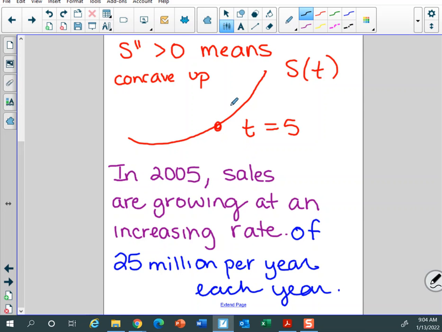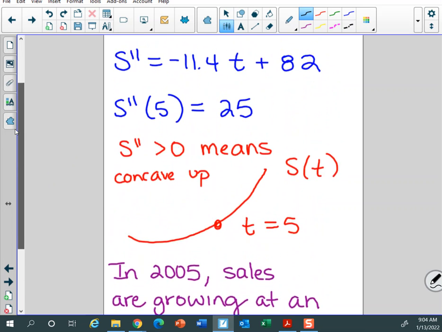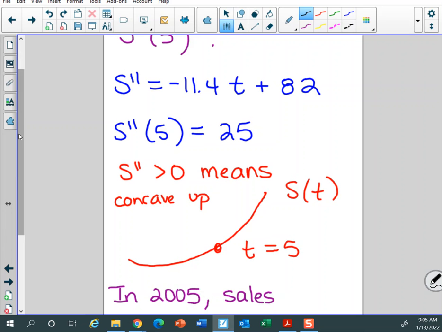When would the sales be growing the most quickly? Find that for me. When would the sales be growing at the greatest rate?